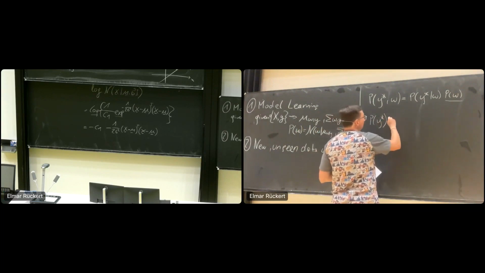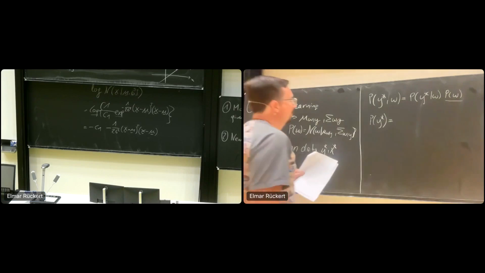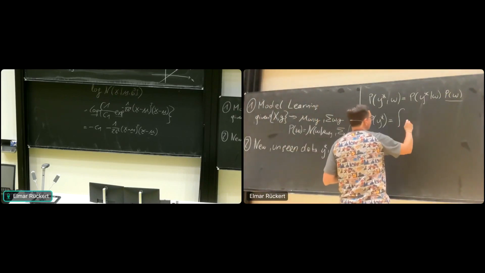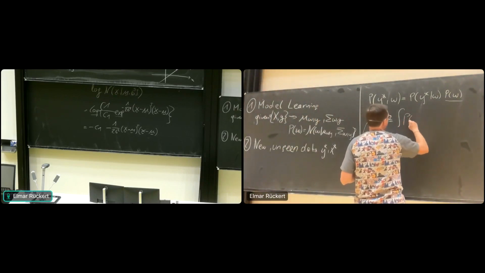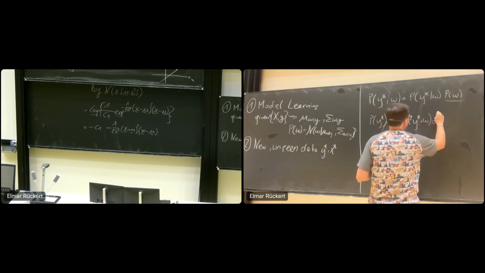What can we do to compute this one? If you look at the joint and the distribution of P of Y star, this is the marginal of the joint: the integral of P of Y star and W dW.